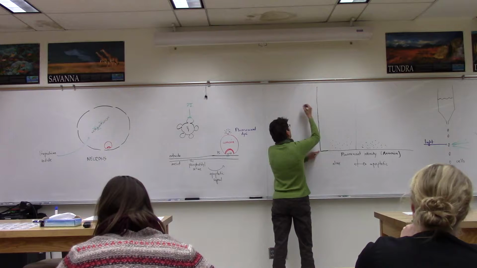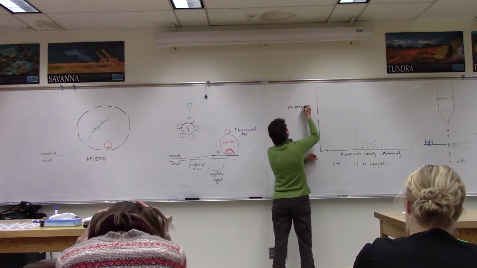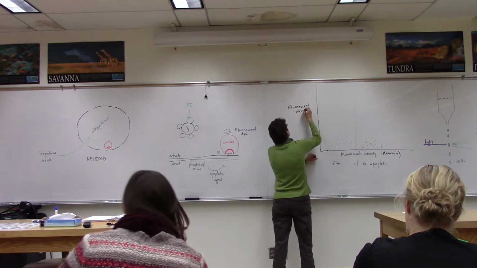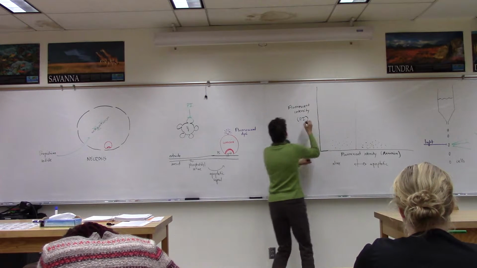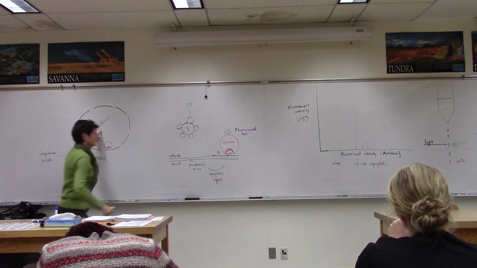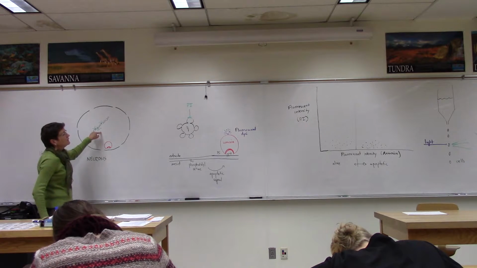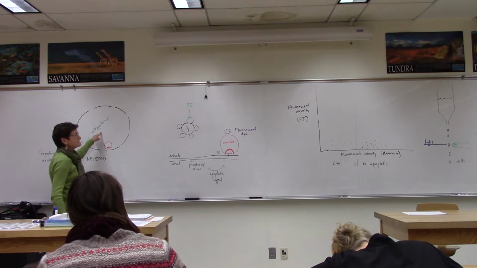And then the y-axis is also fluorescent intensity, but it's the fluorescence of the propidium iodide. So one's probably a green color and one is probably orange or something like that.